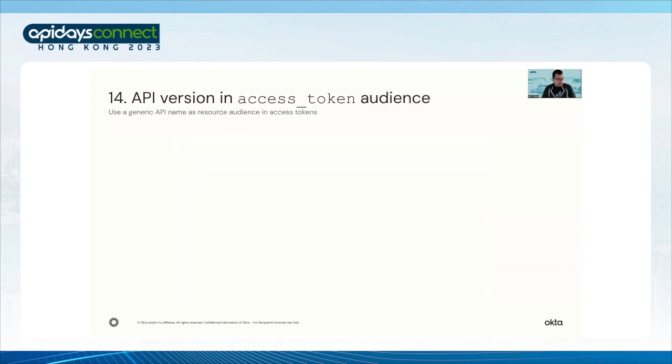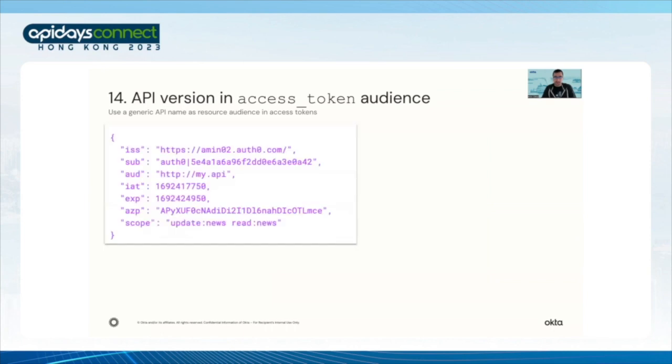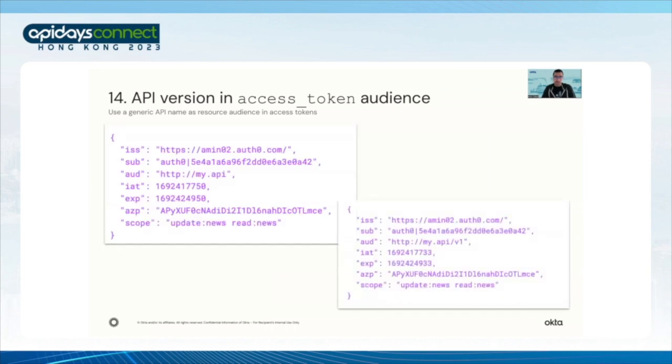The other thing, again a best practice: if you put your API versions into your access tokens, you're preparing yourself for issues down the track. Our recommendation is that if you're putting the audience in your JWT access tokens, use a generic name regardless of the version.